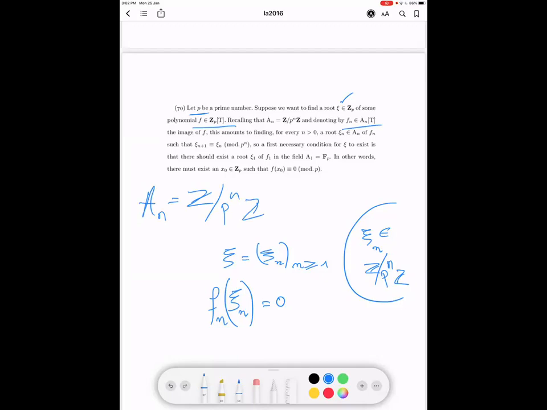So I'm not saying anything deep or difficult. I'm saying something which is obvious. So if psi is a root of f, then its image in An will be a root of the image of f. So giving psi, of course, is equivalent to giving these psi n for every n, but these psi n's should be compatible in the sense that psi n plus 1 should be congruent to psi n modulo p to the n.